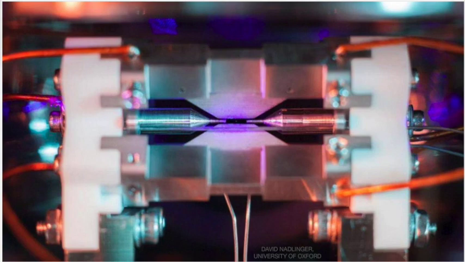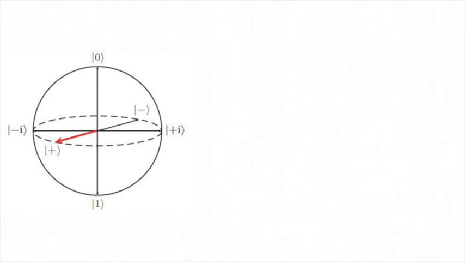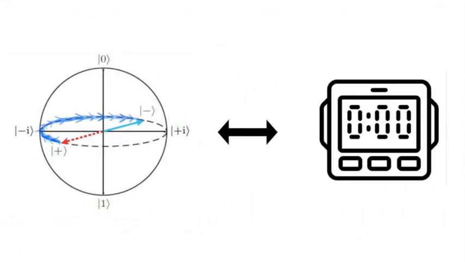Some of you might know one can represent the state space of qubits, or two-dimensional quantum systems, by a ball, where every point with a radius smaller than one is a valid state. So let's assume we start out in a state indicated by this red arrow.